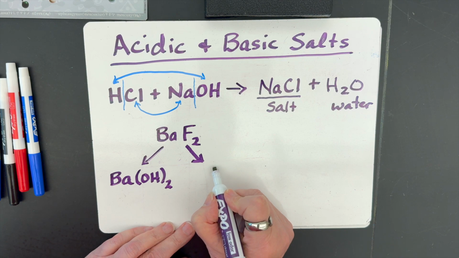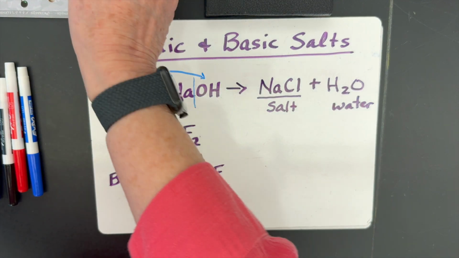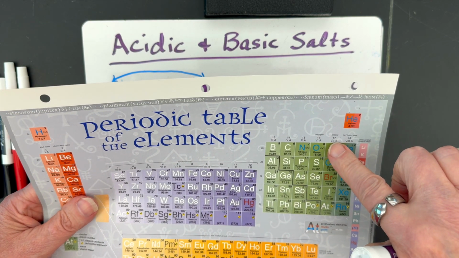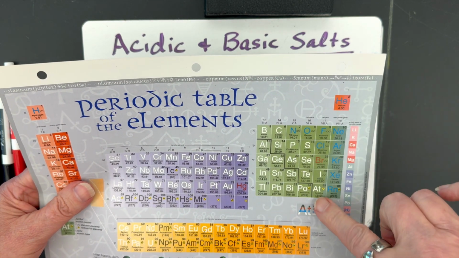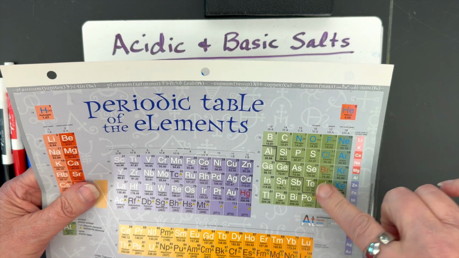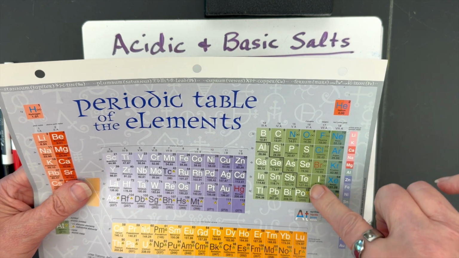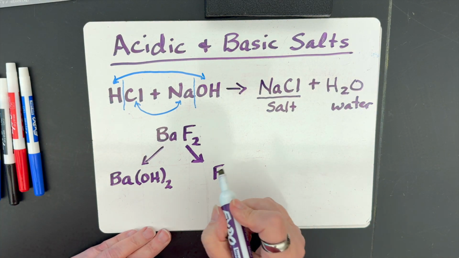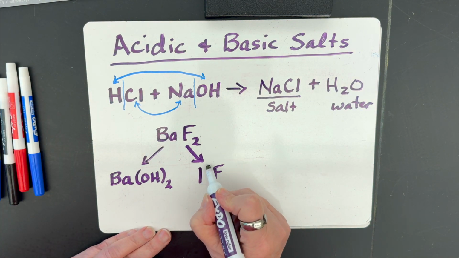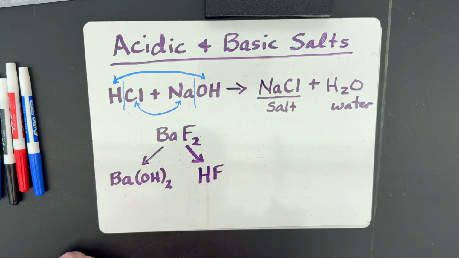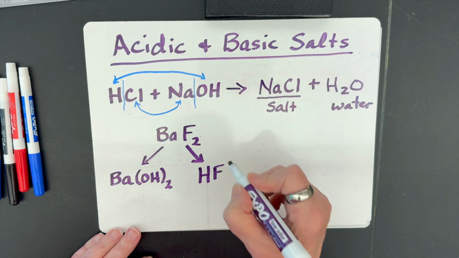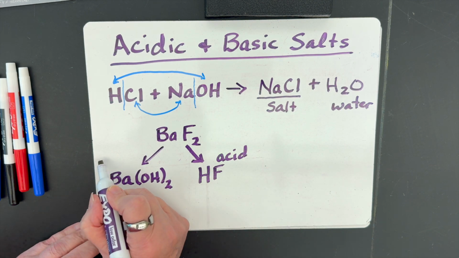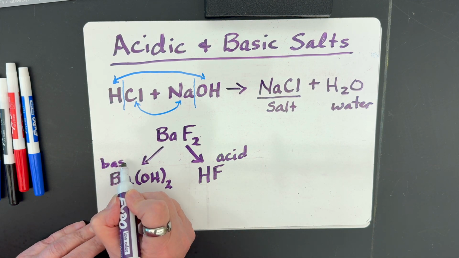Acid, we have F. F is our negative ion here. It's a halogen right next to the noble gases, so it has a -1 charge when it's an ion. Since it has a -1 charge, we need to put 1 hydrogen on it to balance it out. So HF is our acid, and Ba(OH)2 is our base.